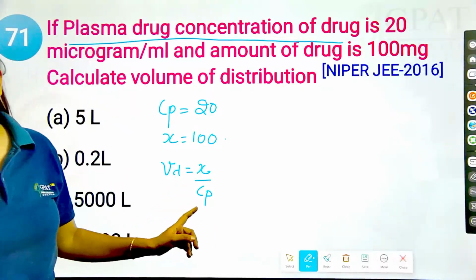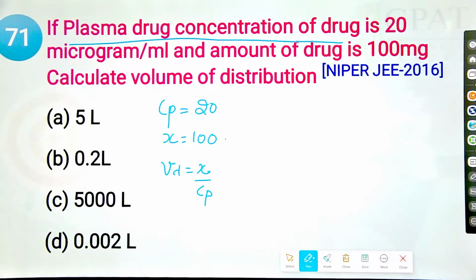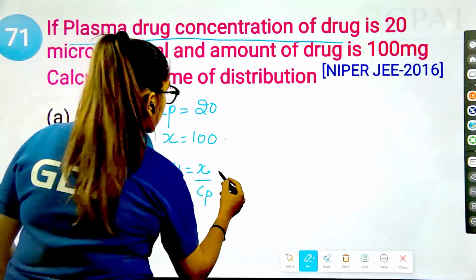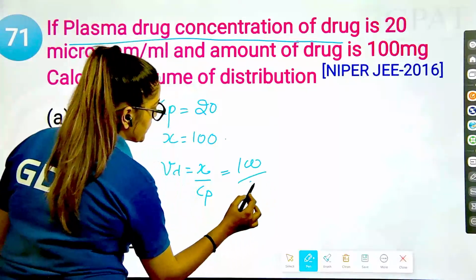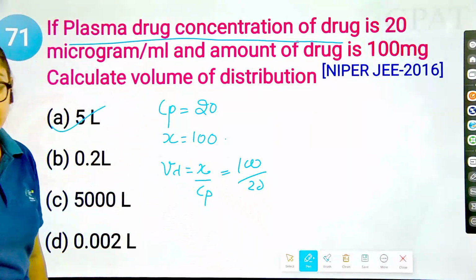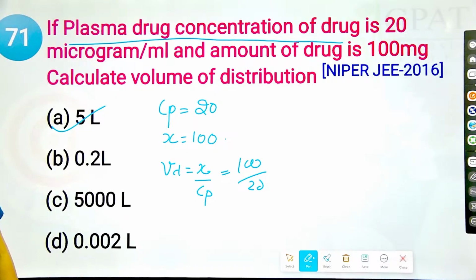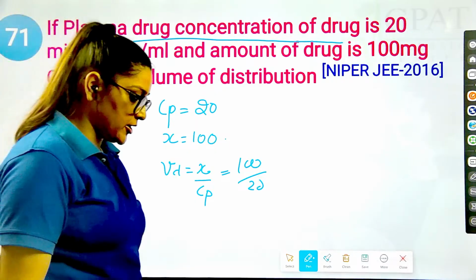Because in today's class only, I have told you that the formula is going to be X upon Cp. You can do this much effort. This X is 100 upon 20. So you get the correct answer as 5 liter. Option number A is correct.